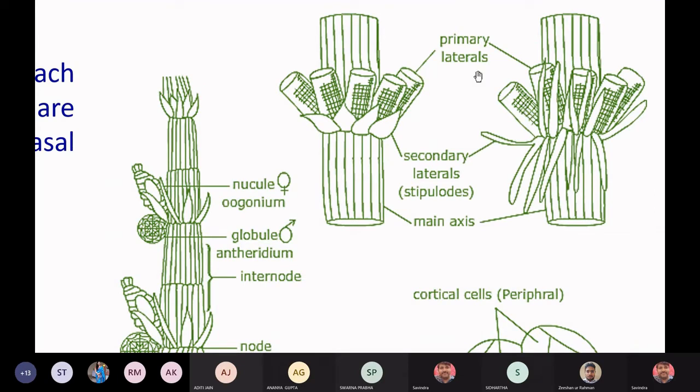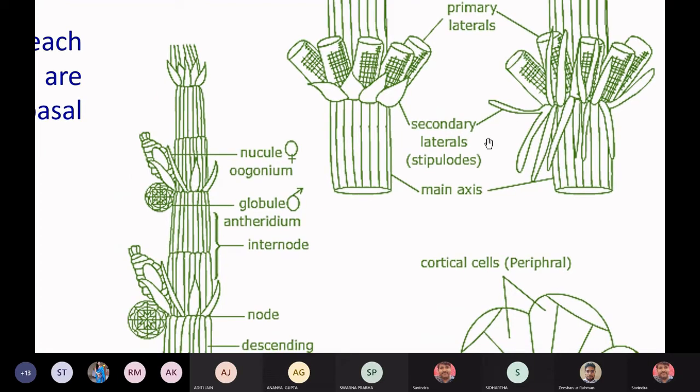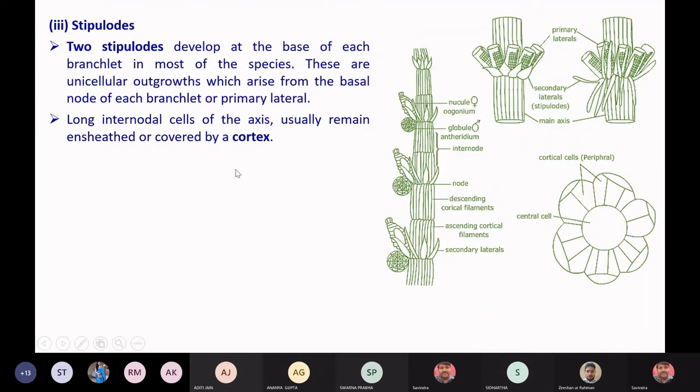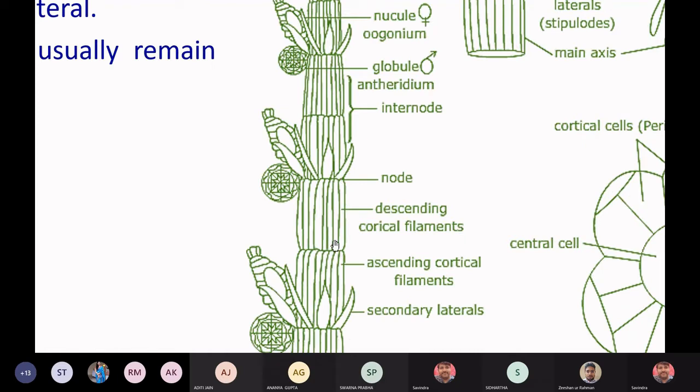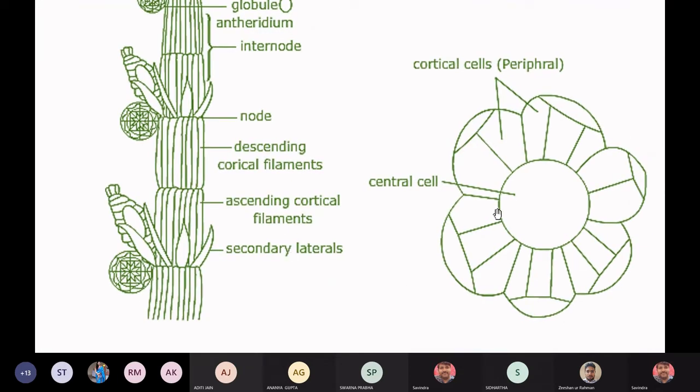The diagrammatic representation. The thick one is the primary laterals, okay, on which you will see the sex organ, and here you will see the secondary laterals or stipuloids. This is node, this is node, this is node, and this is internode. If you cut it, you will find this kind of a structure.